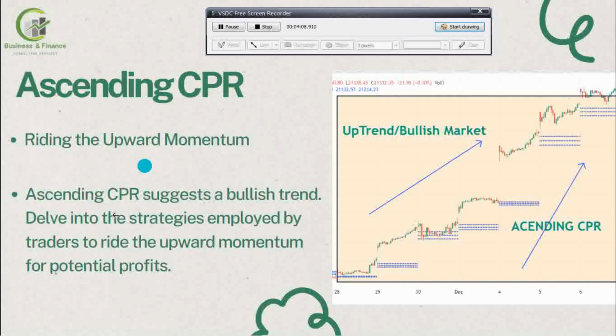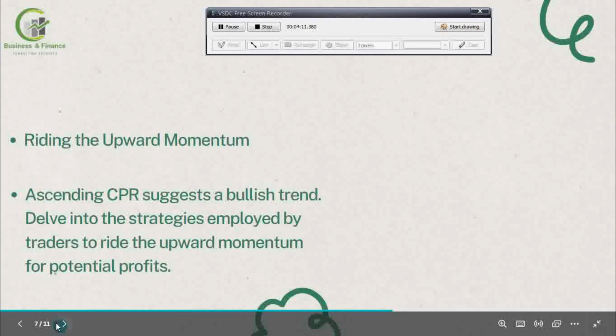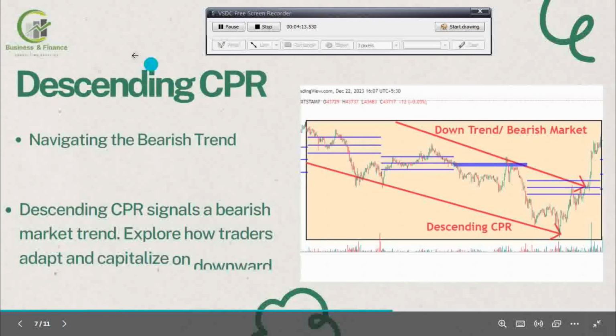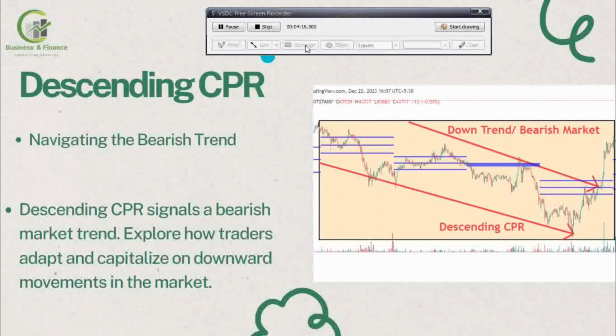Now the opposite of ascending CPR is descending CPR, which usually denotes that the market is in bearish mode or a downtrend. You see here, it always forms a lower CPR than the previous CPR.